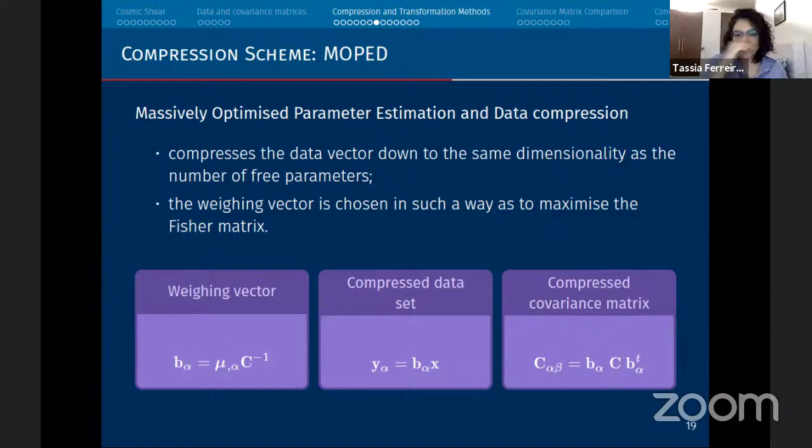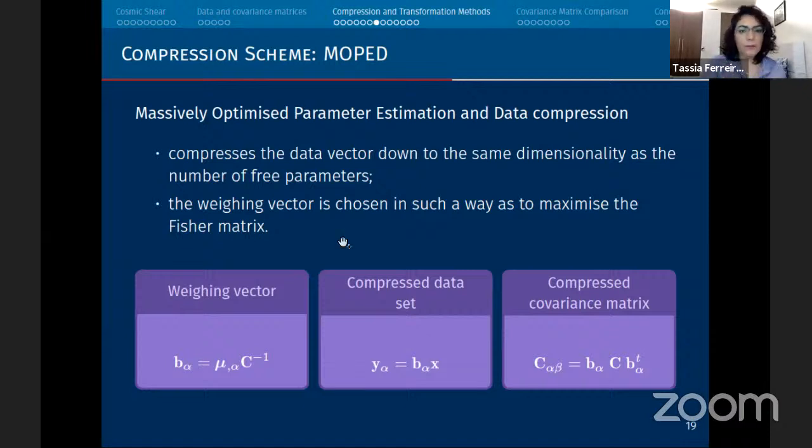No, sorry, what I meant was, when we do the hard cuts on the eigenvalues and the signal to noise, we literally throw away information. The only thing that we're looking at is whether these values are arbitrarily high or low. Here we're not making such hard cuts. We're just trying to maximize the Fisher information matrix. So of course you do lose information because the size gets smaller.